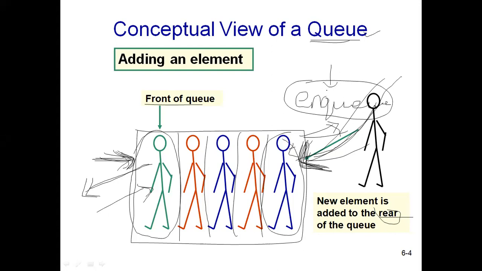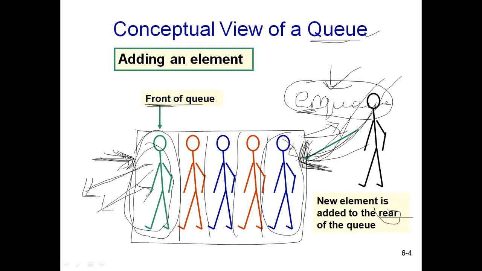So the inserting operation in the queue is called an NQ, because you are entering some value into the queue. NQ means entering some elements into the queue. And whenever we are removing elements, we always do it from the front side of the queue.